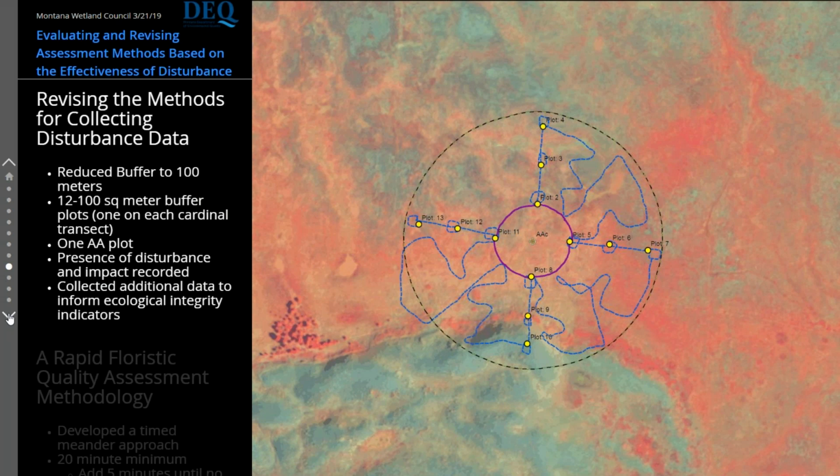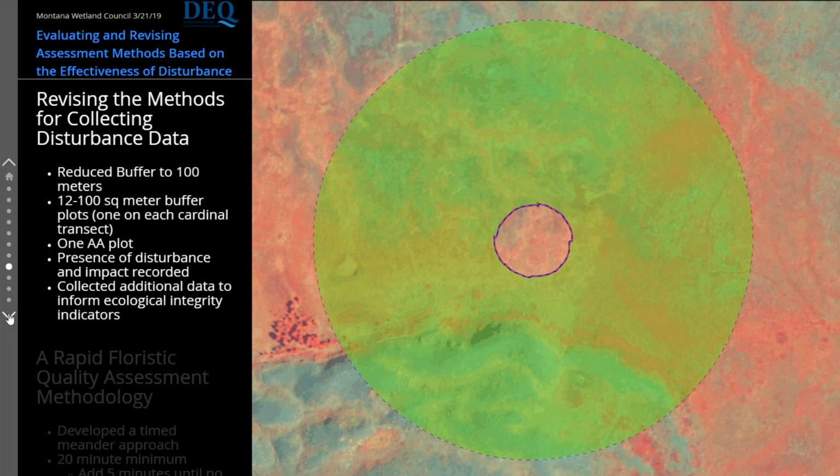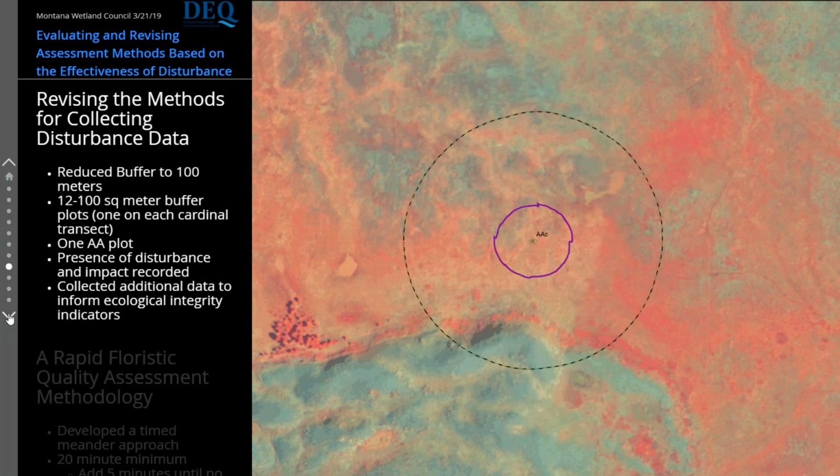So they did that for 12 plots in the buffer, and then between each transect, they were required to walk a meander through each quadrant, through each vegetation patch type present, and record different inputs and outlets of hydrology, anything that would fragment the buffer, or anything that would affect the hydroperiod of the site.